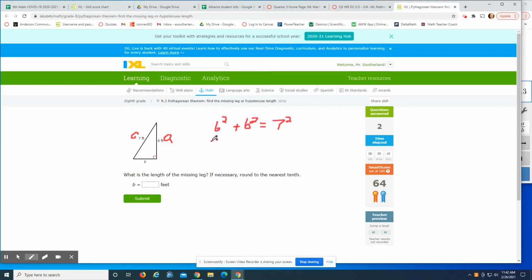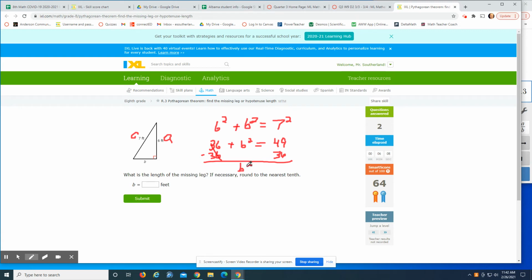And if we use a calculator, we'll find that this is 36. B squared just drops down. That would be 49. Subtract 36 on both sides. Those cancel.